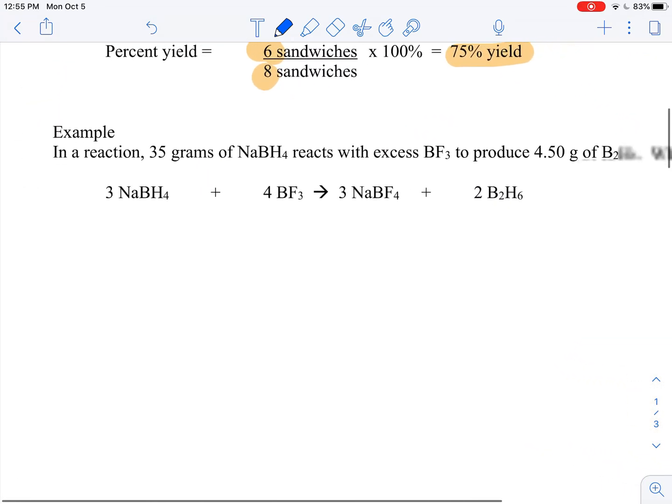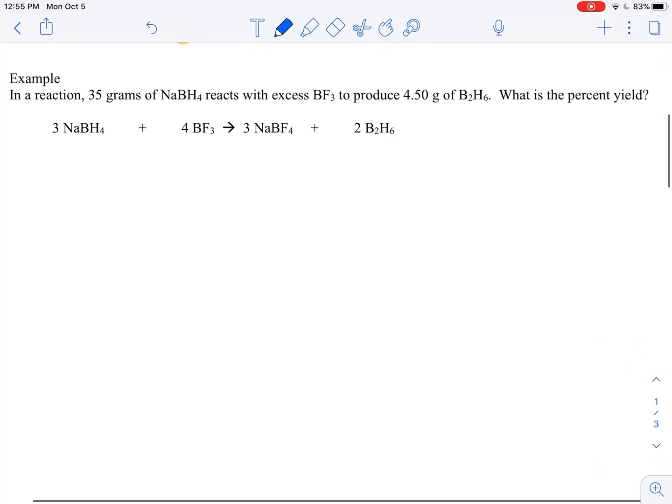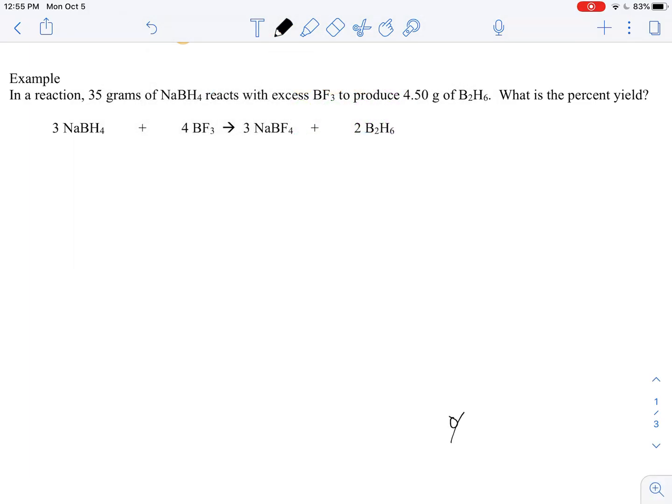So let's take a look here at an example of this. It says in the reaction, we have 35 grams of that compound reacts with excess of the boron compound to produce 4.5 grams of the other boron compound. What is the percent yield? So again, let's be clear. The percent yield is going to be did over should times 100%.